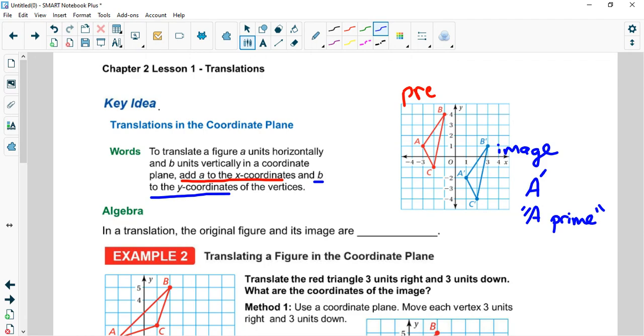What we're focused on is how did we get from point A to point A prime? Well, the point has to slide horizontally and vertically. Horizontally would be to the right. So we're going to the right A units. And then going down B units.